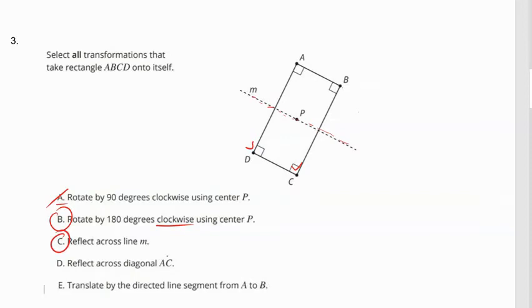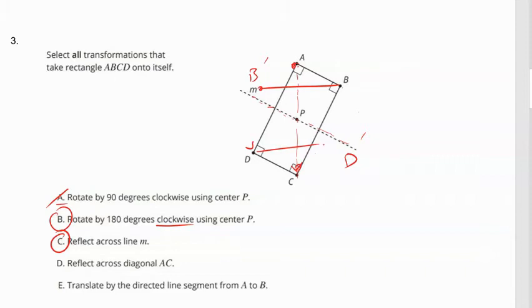All right. Reflect across diagonal AC. Whoa. Here's AC. If we reflect across, right, B would be over here, like it'll reflect over here somewhere. D would reflect across over here, somewhere there. There we go. A would stay the same.